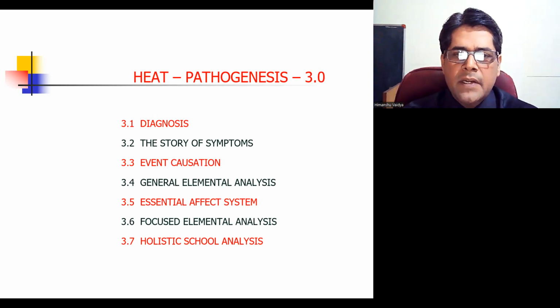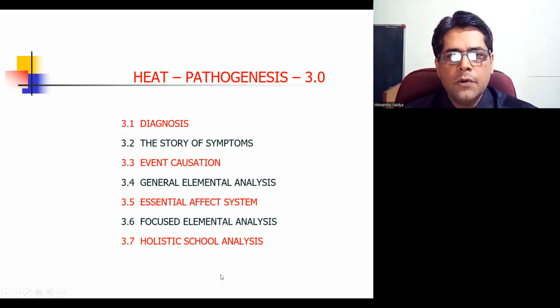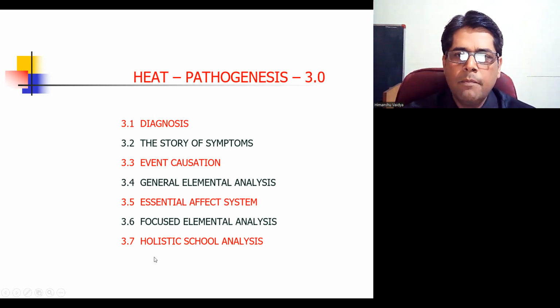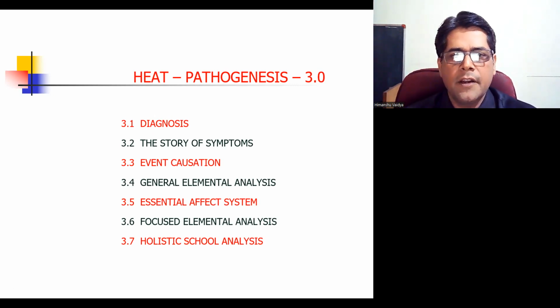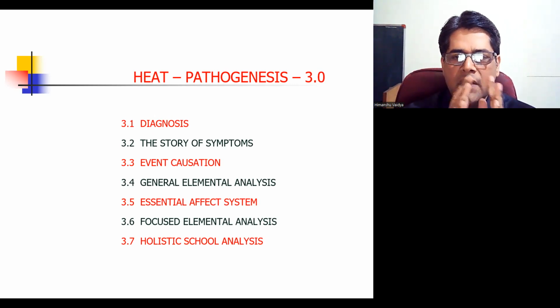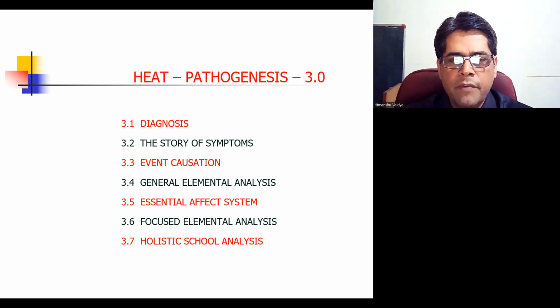And pathogenesis itself constitutes 7 elements. This is the heart of heat in terms of causality finding. And then you have the holistic healing in heat. So the heart of heat is pathogenesis and healing. So we are going into pathogenesis.